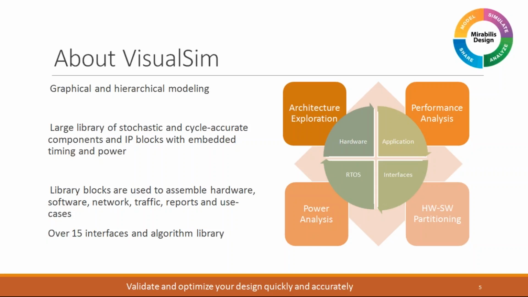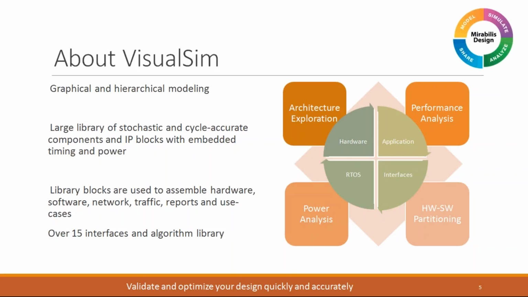If you have a system in which you have custom accelerators and you may have your application processors, things like that, and you want to understand how to partition your system into hardware and software part of your system components as well.